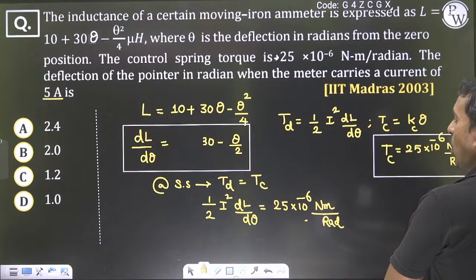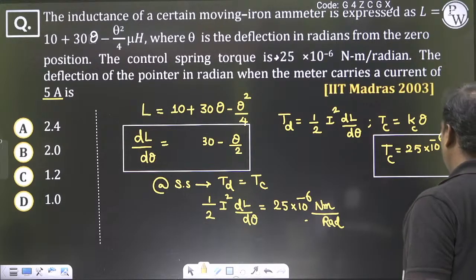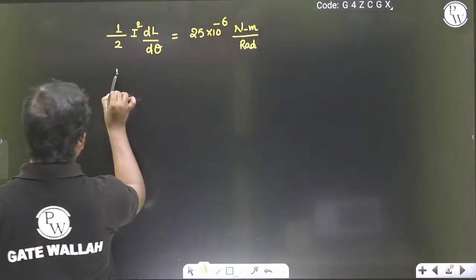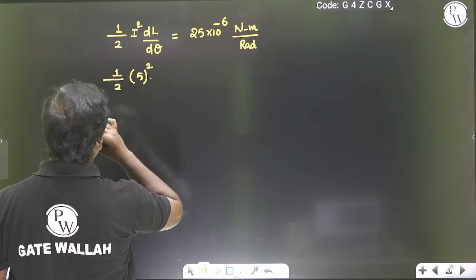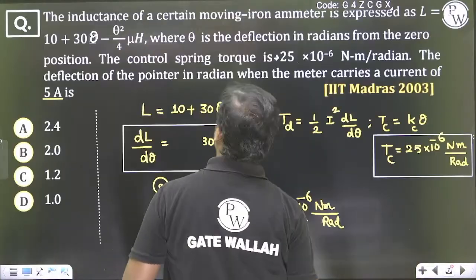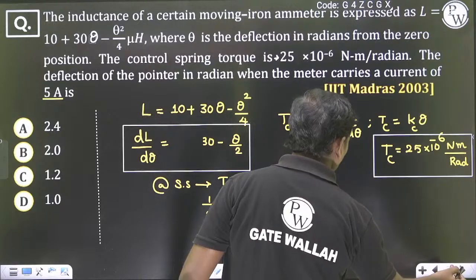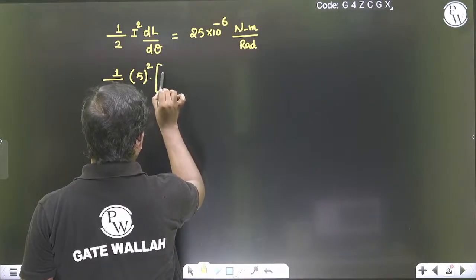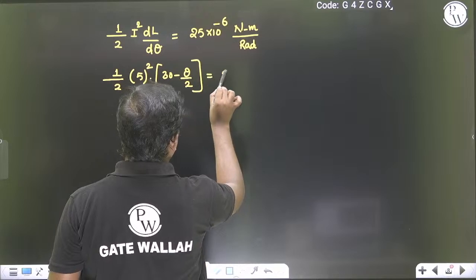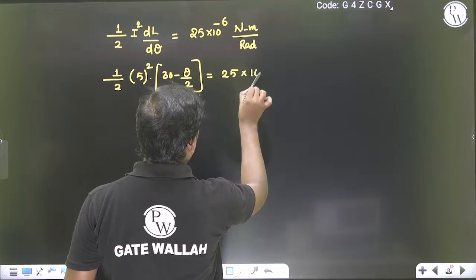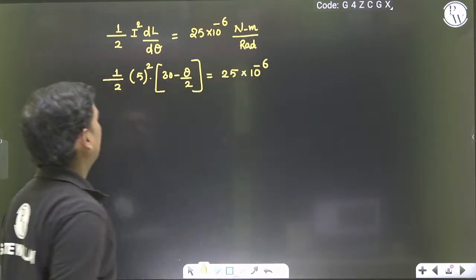I is equal to 5 amperes, so this is 1 by 2, I square means 5 square, dL by d theta is 30 minus theta by 2, and this is equal to 25 into 10 power minus 6.